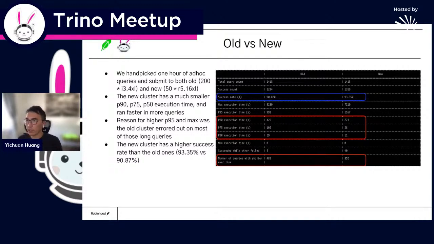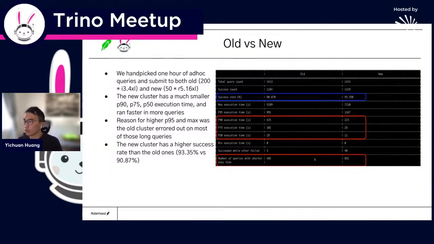On the right side, we can see the new cluster has a much smaller P90, P75, and P50 execution time on all the queries, and it runs faster in more queries than the old cluster.